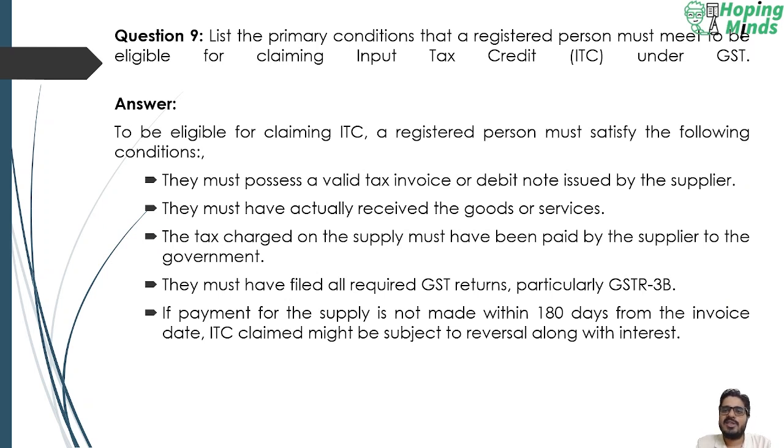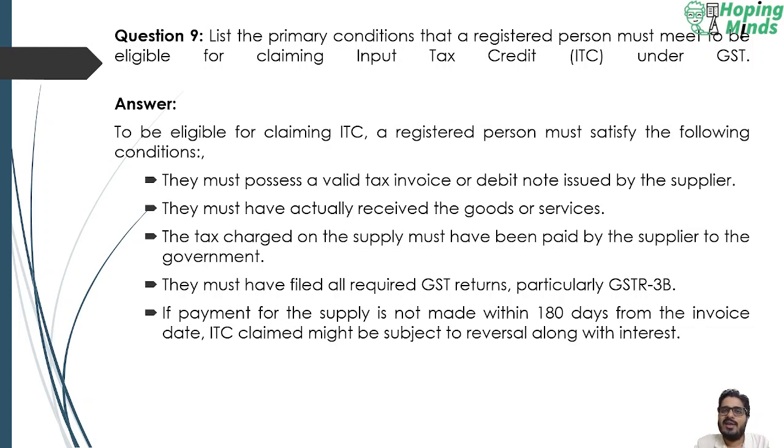List the primary conditions that a registered person must meet to be eligible for claiming input tax credit under the GST. To answer this question, we have to first understand what input tax credit is. Input tax credit is the mechanism that allows businesses to reduce their tax liability by deducting the taxes they have already paid on purchases from the tax they owe on sales.